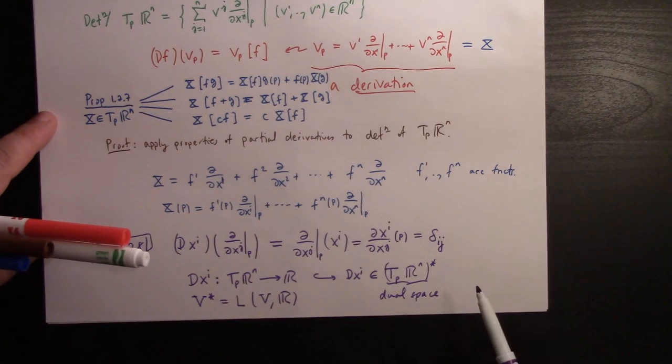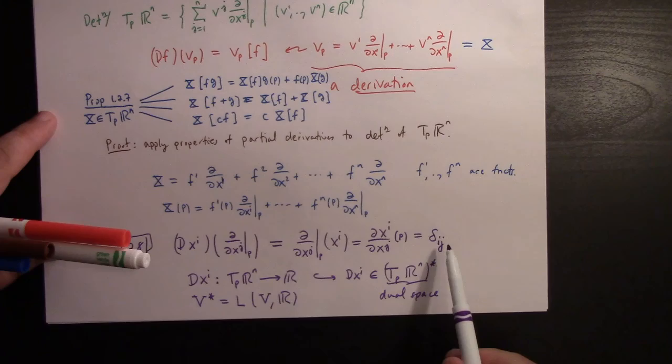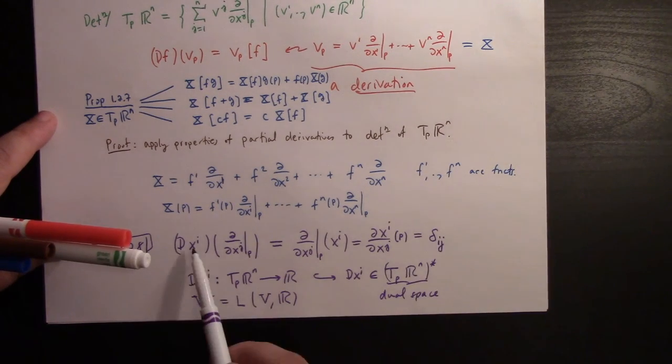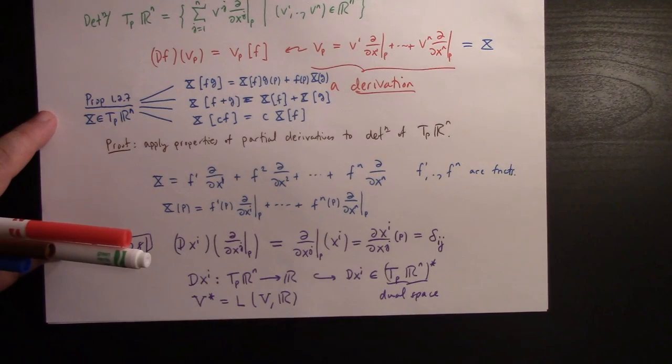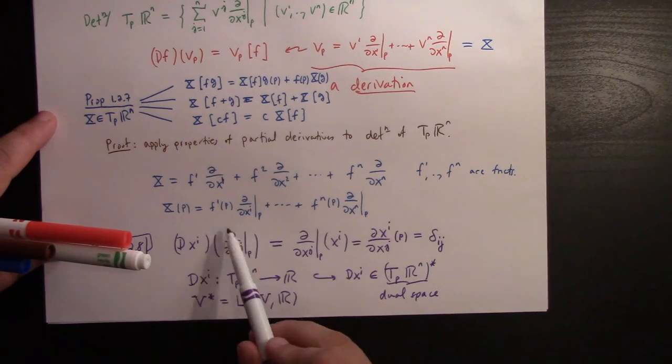This is finite dimensional, nothing too fancy schmancy. Anyway, so dxi is a dual vector, or you could say a covector, and in fact, it looks like it has just met the condition for the dual basis to these guys.